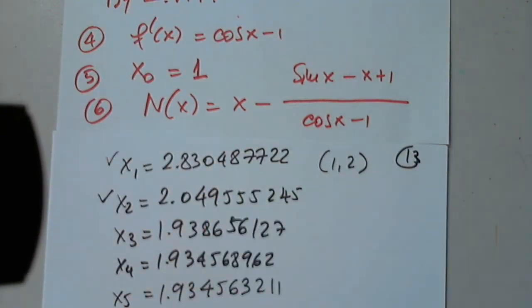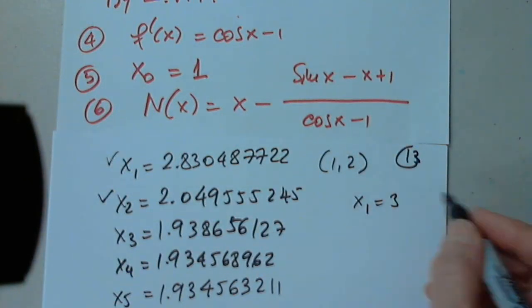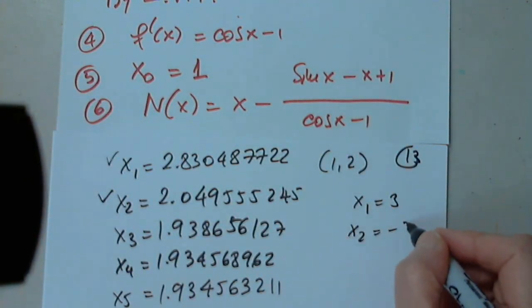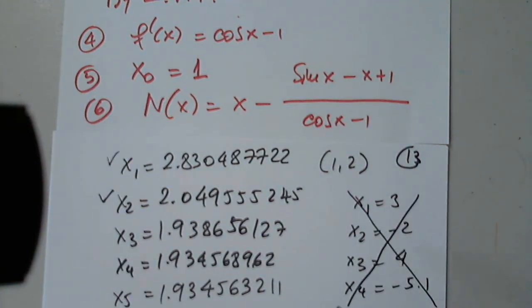How do I know if I have an error? If x1 is 3, then x2 is -2, then x3 is +4, and then x4 is -5.1, then I know something is terribly wrong. It cannot do that.